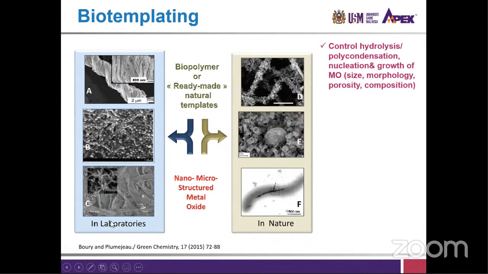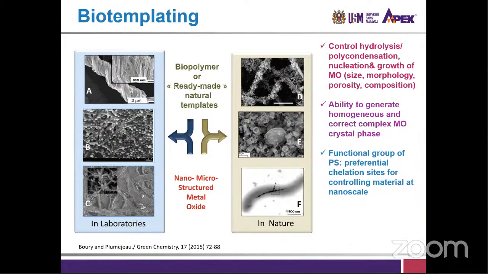The advantage of using this synthesis is that we can control the hydrolysis, the polycondensation, the nucleation and growth of the metal oxides, in terms of size, morphology, porosity, and composition. It also has the ability to generate a homogeneous and correct complex metal oxide crystal phase.